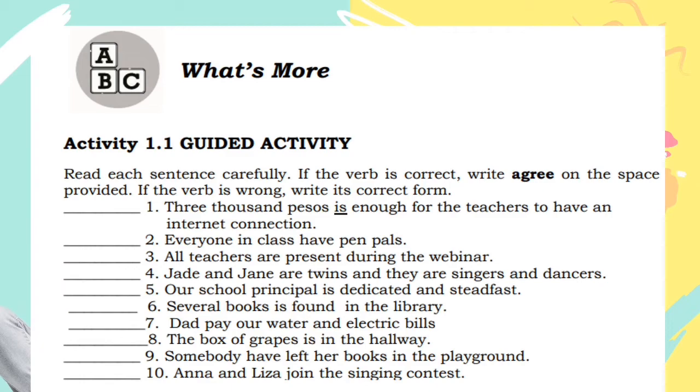The correct answer is agree, because 3,000 pesos pertains to an amount of money. Number 2, everyone in class have pen pals. The correct answer is has, because everyone is singular and requires the singular verb has. Now, do the rest.